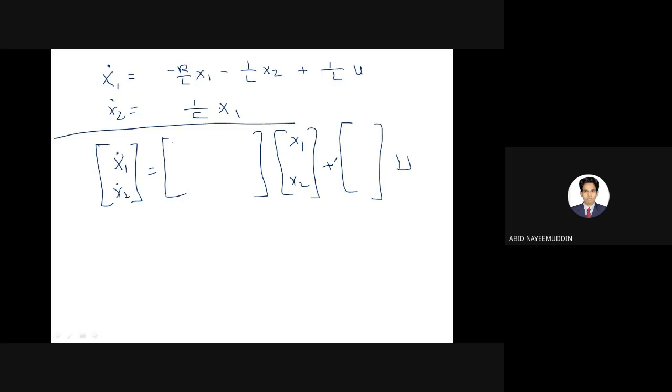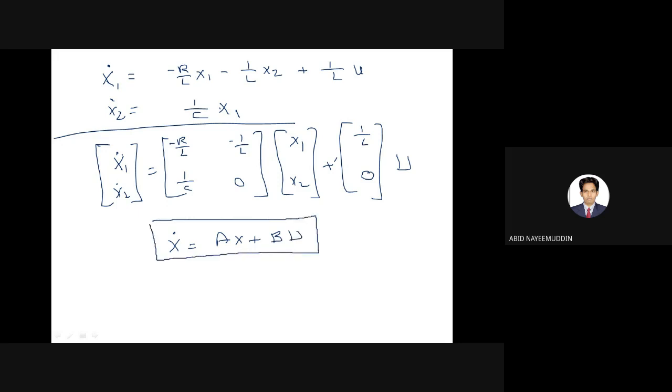First row will be minus R by L, minus 1 by L, and the input term is 1 by L. In the same way, for x2 it is 1 by C, 0, and then 0. So this is known as your state model. X dot is equal to AX plus BU is your state model representation for the given electrical circuit.